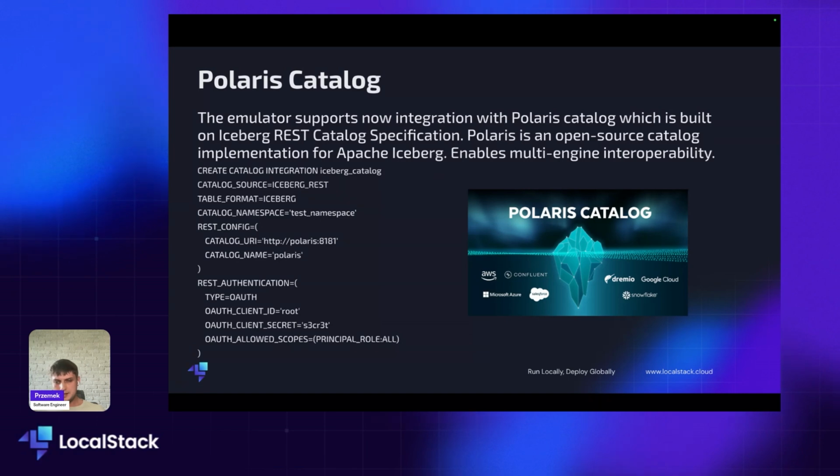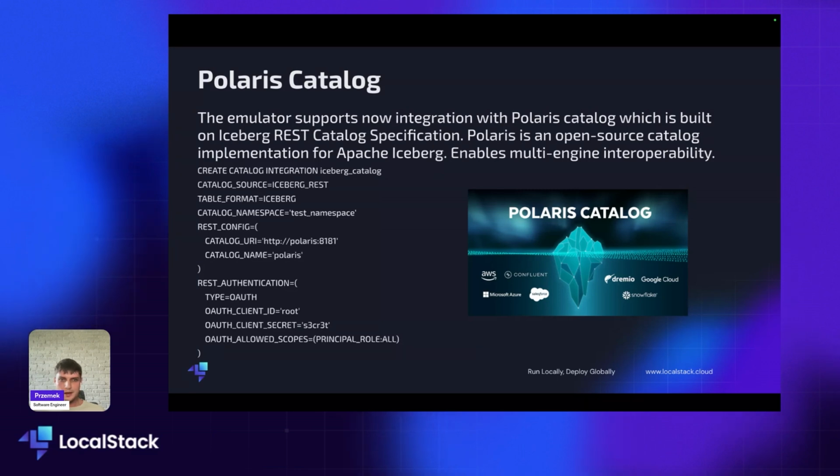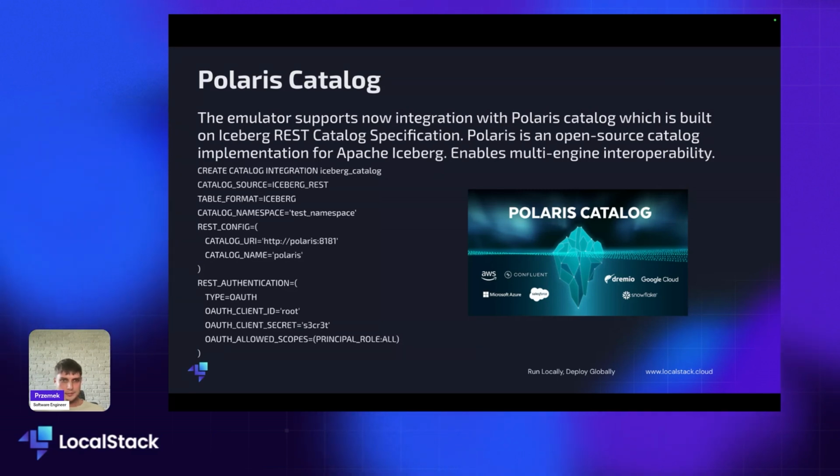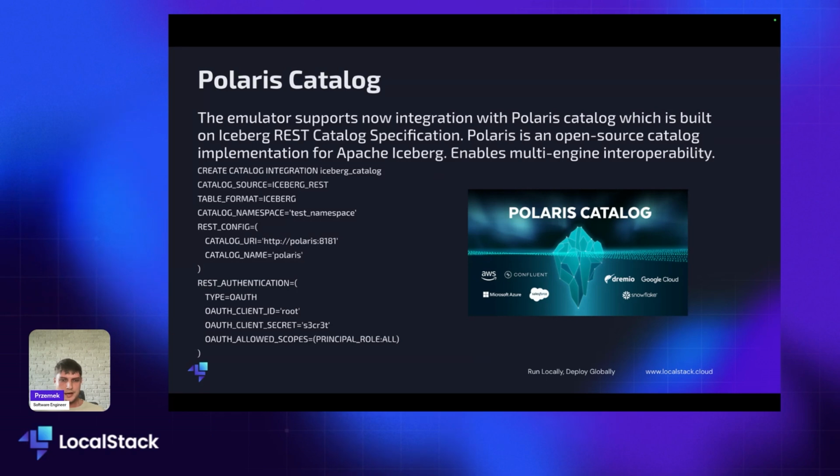Polaris supports different query engines and database platforms like Snowflake, Dremio, and also Trino, which I am also going to present later on. In order to use catalog integration with the Snowflake Emulator, we need to run a create catalog integration query, which is presented on the left-hand side. But I will dive into more details during my Polaris catalog integration demo later on.